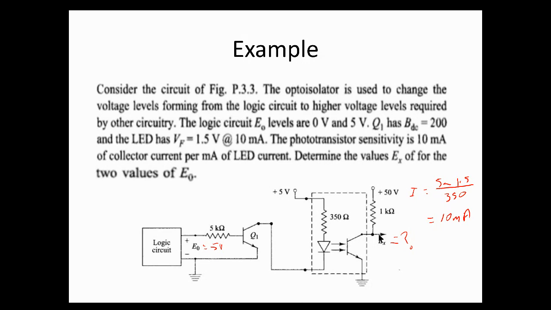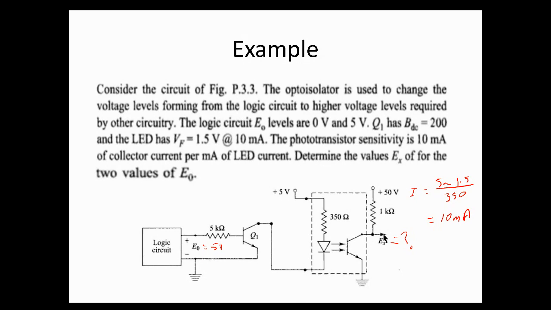50 minus the voltage drop across the 1K. Right, what is the voltage drop across the 1K? I never worked that out. I never reached that far. Alright, if you were to measure across this point where I have the 50 and the EX here, you're trying to find the voltage across the 1K.